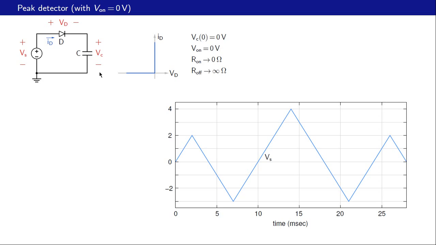Coming back to our original circuit, we see that there is this capacitor which now introduces dynamic behavior in the circuit, because the capacitor current IC is C dVc/dt. That's not a static relationship like V equal to IR.